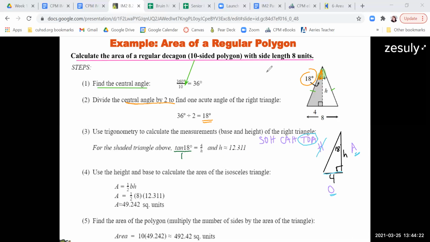So now we have the height of our original triangle, 12.311, because they're the same height, right? The height of this triangle that we use for trig is the same height as that larger triangle above.